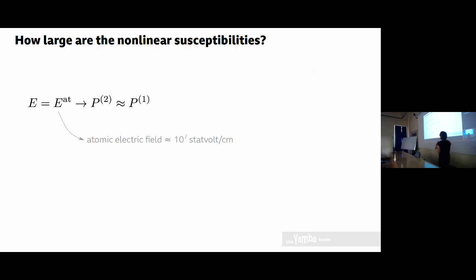He says that to get the second order polarizability equal to the first order polarizability, one needs to apply a field of the same intensity as the atomic electric field. That is 10 to the 7 statvolt per centimeter. In volt per meter, that will be of the order of 10 to the 11. So quite a large field.